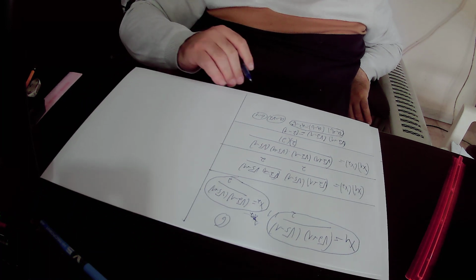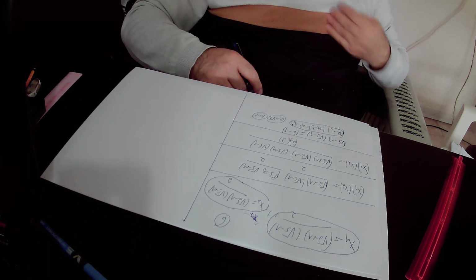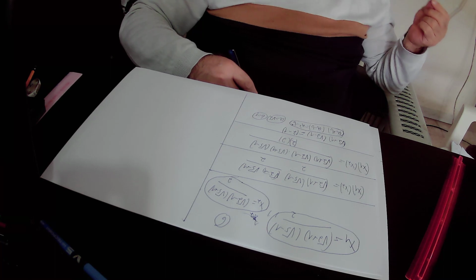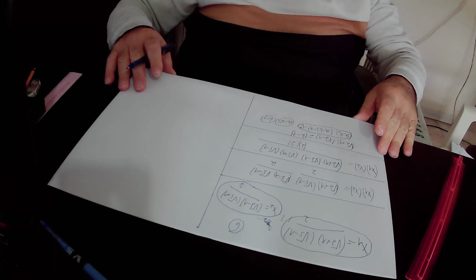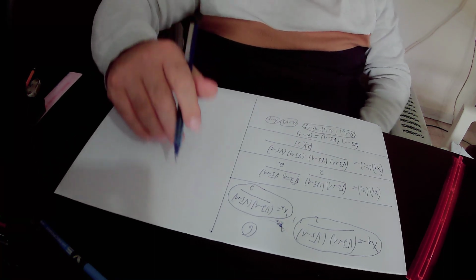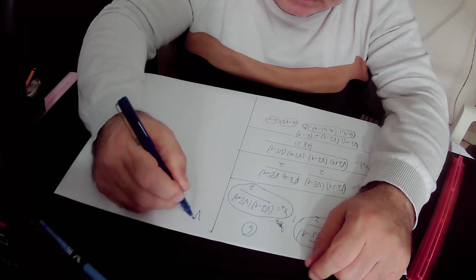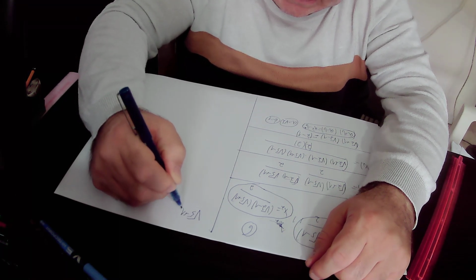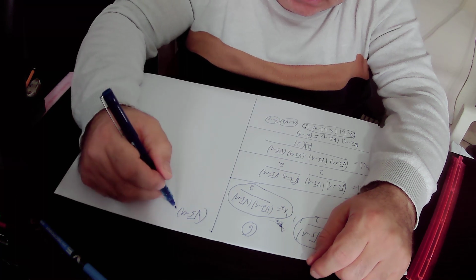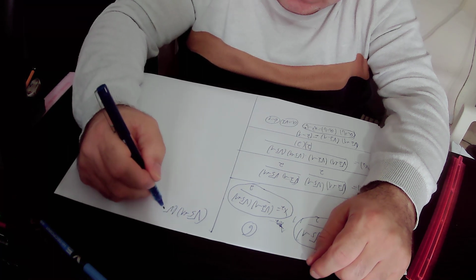And then we also have to calculate the value of the expression (square root of 5 plus 1) times (square root of 5 minus 1).